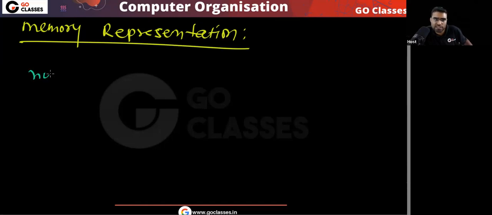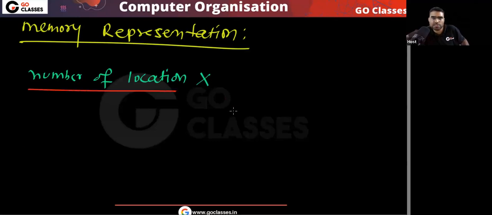In the memory representation, we say how many memory locations there are, multiplied by the number of bits per location.